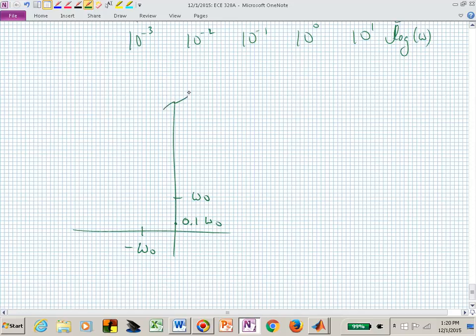And now do you see that 10 omega naught is way up here in the S-plane? What we are doing is we're saying, oh, here, that's roughly 0. This angle is 45. This angle, we're agreeing, is 90 degrees. Is that clear where those are coming from?